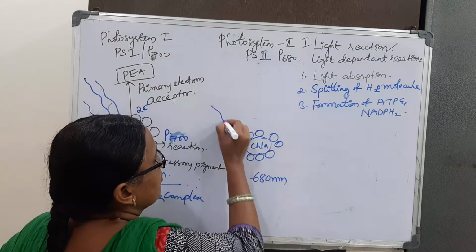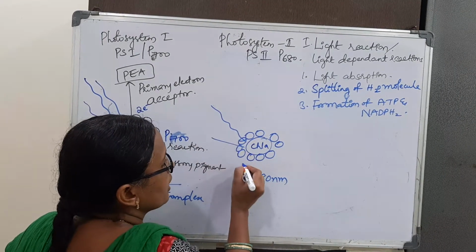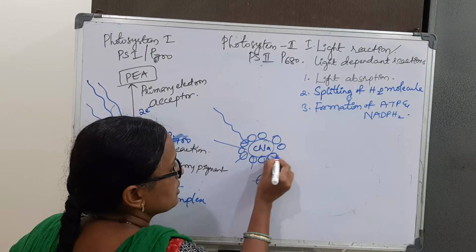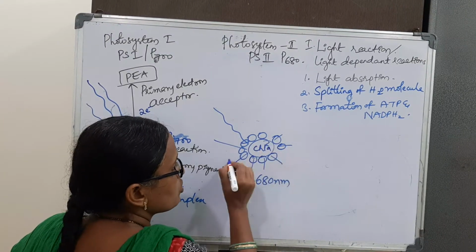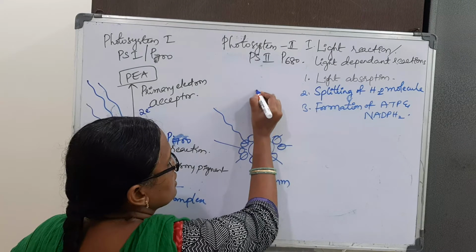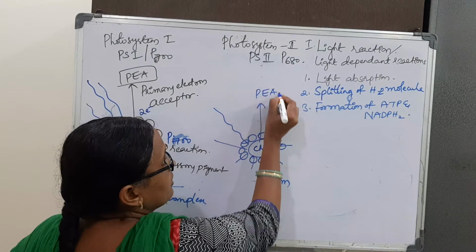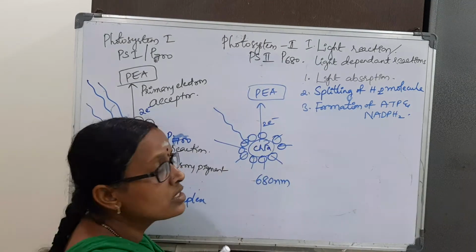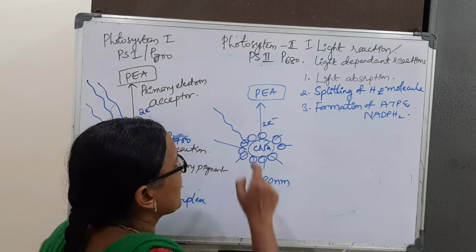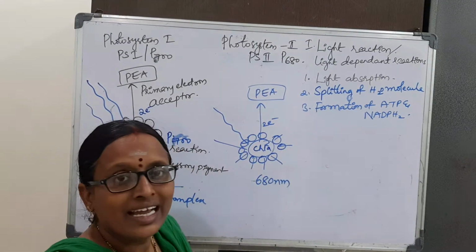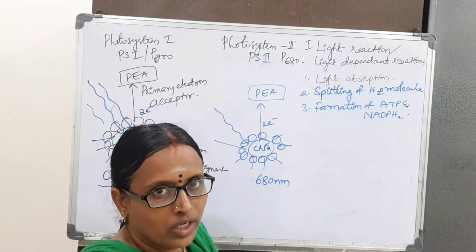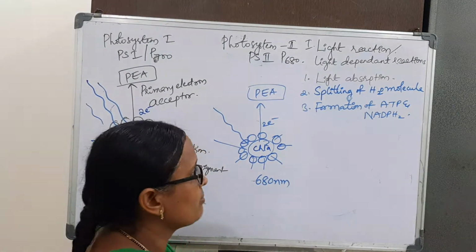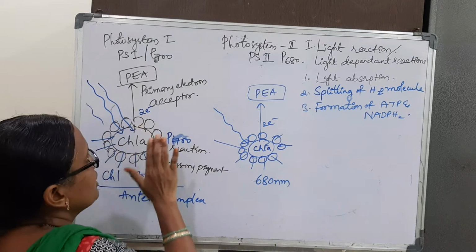So the same thing happens. By the absorption of light, all the pigments absorb the light and pass it to the reaction center. It is activated and releases a pair of electrons. Those electrons are accepted by the primary electron acceptor only.